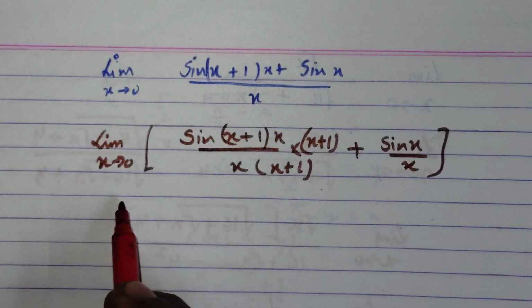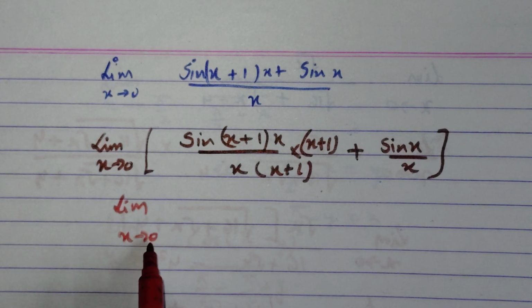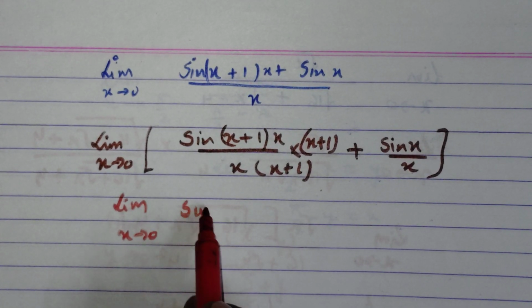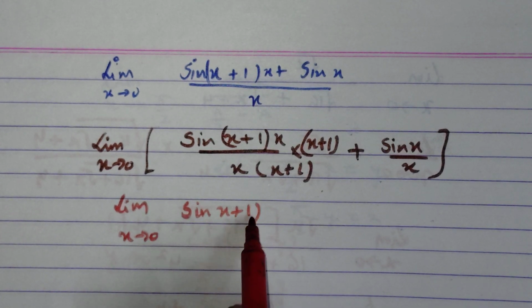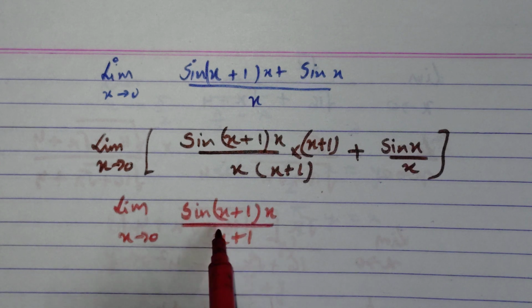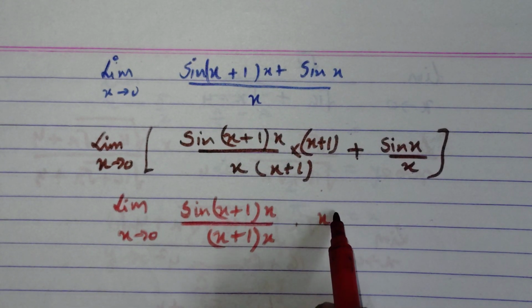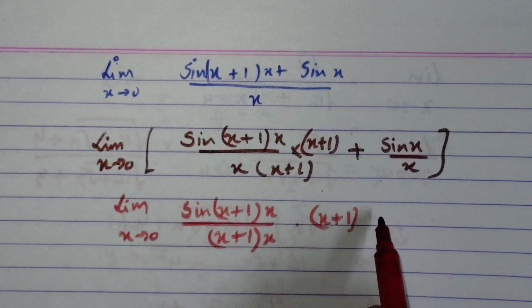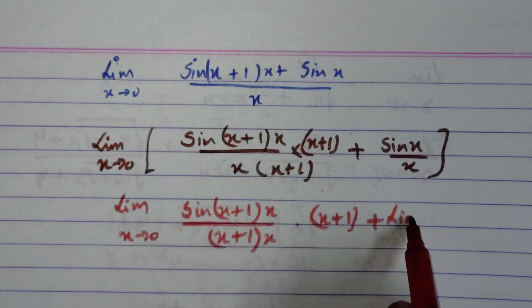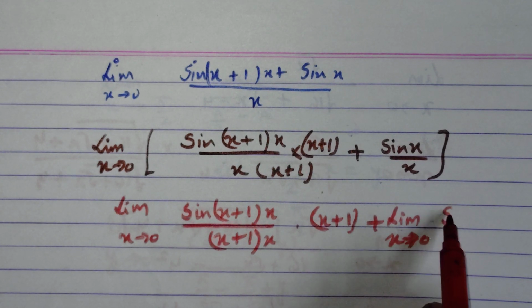Next we can separate out: limit x tends to 0, sin x plus 1 into x, and in the denominator also x plus 1 into x into x plus 1, plus limit x tends to 0, sin x upon x.